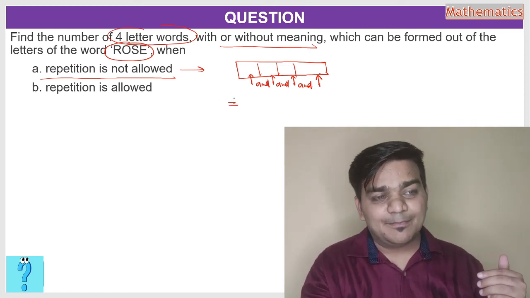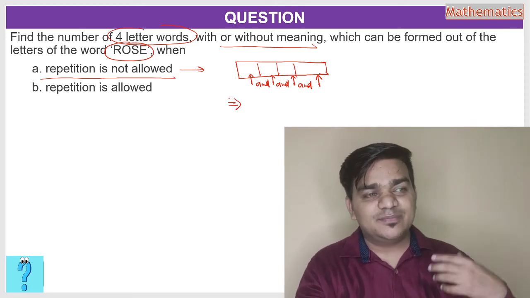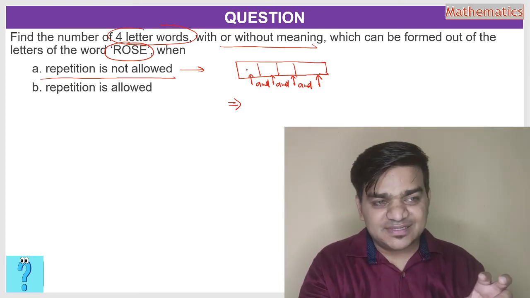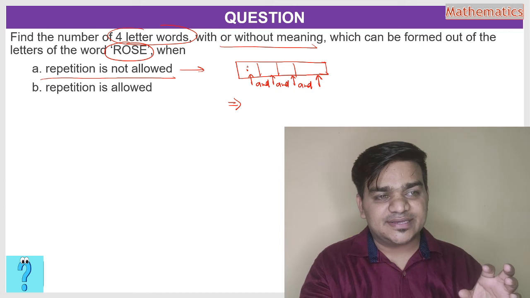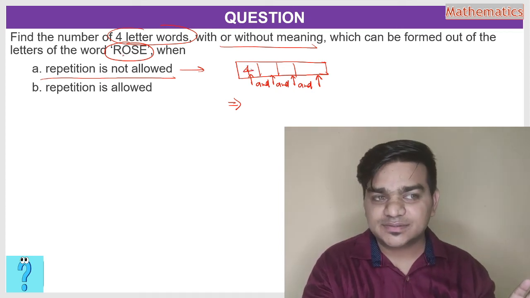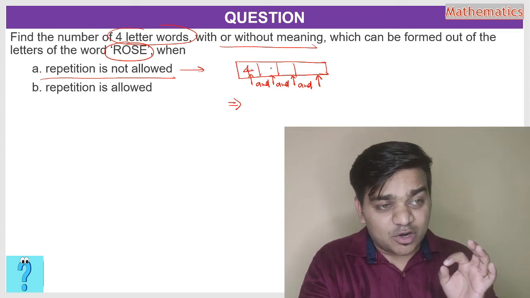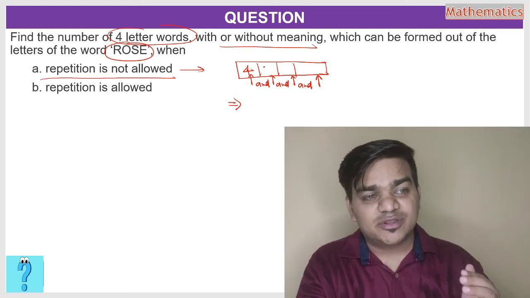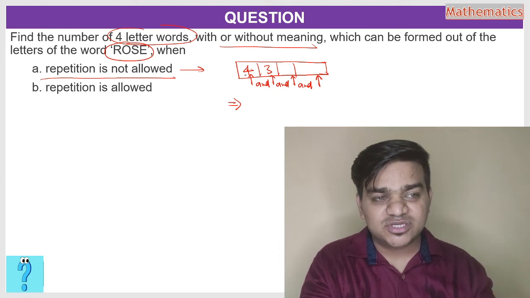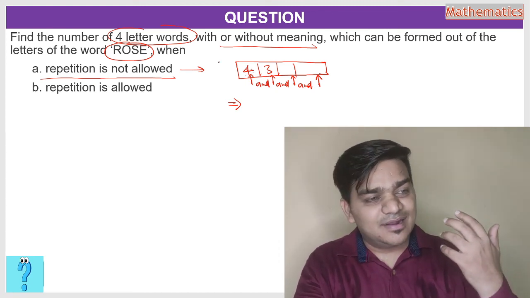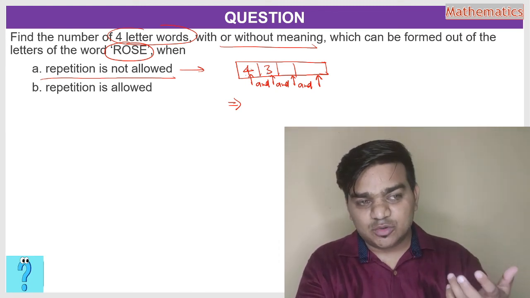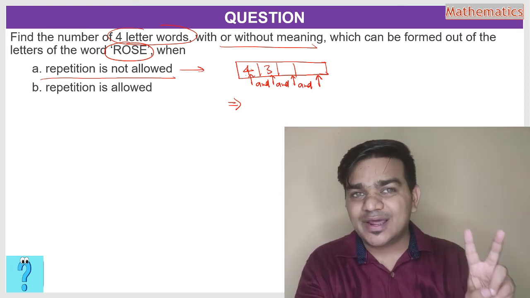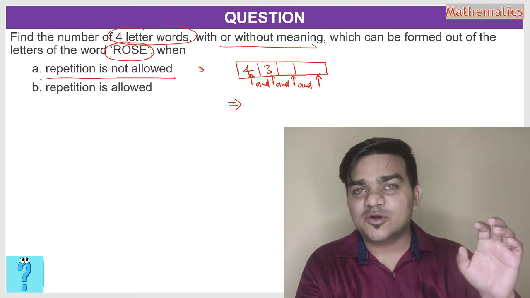So what will be the number of words? What is the option to fill this first place? Four options are there because we have four letters. And what will be the options for this second place? Three, because one letter we have used here, so now three letters are remaining. Now we have used two letters, so the remaining letters are only two.